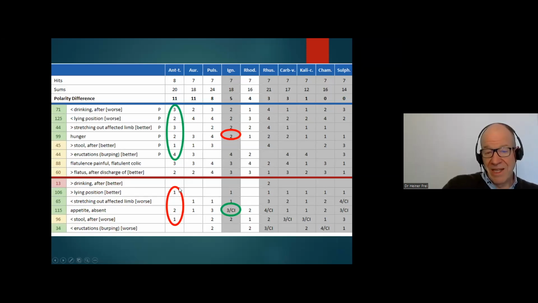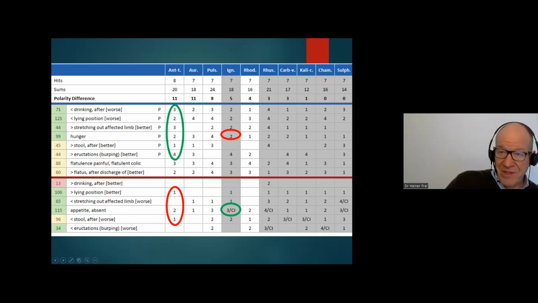And now we add the grades of the polar opposite symptoms, and we subtract them from the polar patient symptoms. So this is 15 minus 4, that makes this 11.